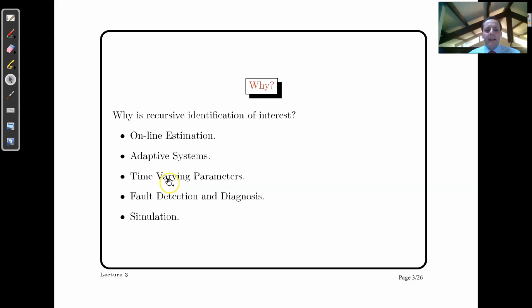So again, as the third point, the time-varying parameters. Why time-varying? Because again, due to the effect of a fault, as we already mentioned, the aging of an electric motor due to, for example, overheating.